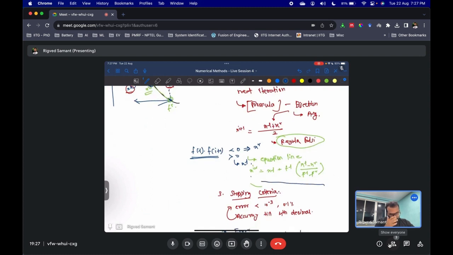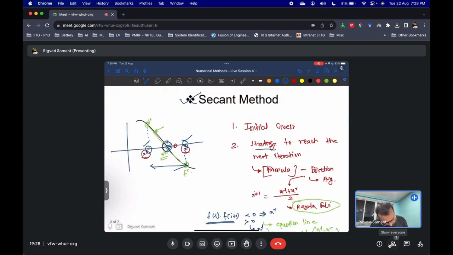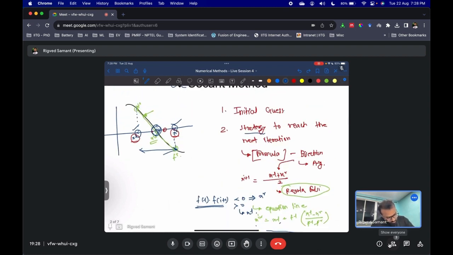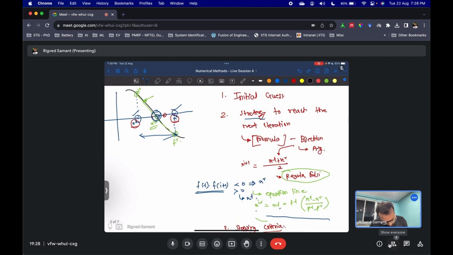Rather than calling these XL and XR, we call them Xi minus 1, Xi, and this is Xi plus 1. Okay, so I'll write in a different color so it will be better for you. In Regula-Falsi, this point we will call Xi minus 1, this is Xi plus 1, and this is Xi.